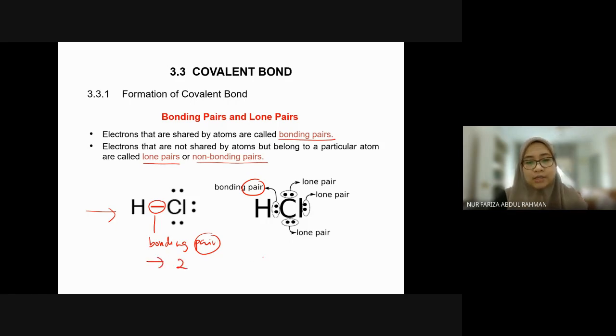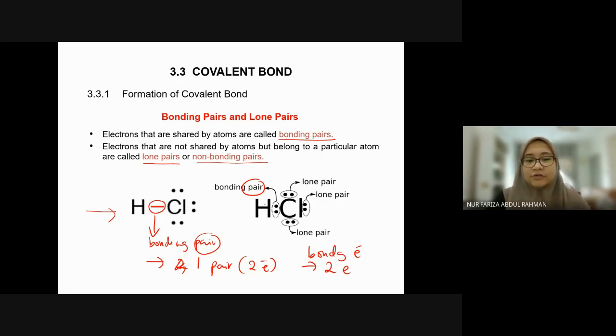So bonding pair means we have 1 pair which consists of 2 electrons; bonding electrons means we have 2 electrons. Be aware of what the question is asking, whether pair or electron.